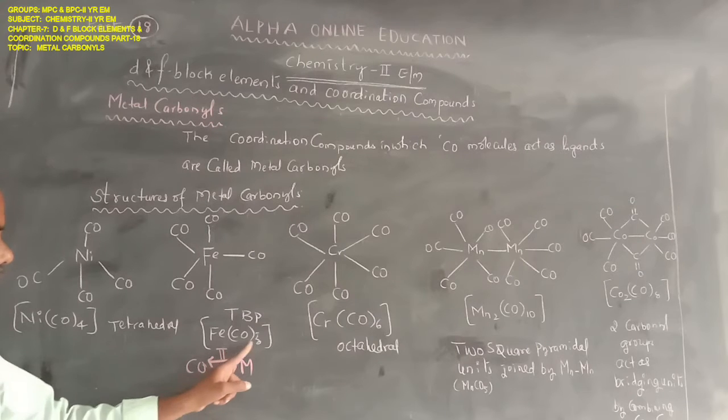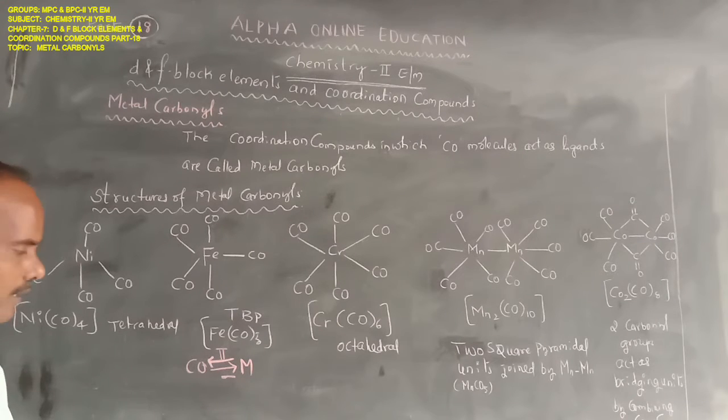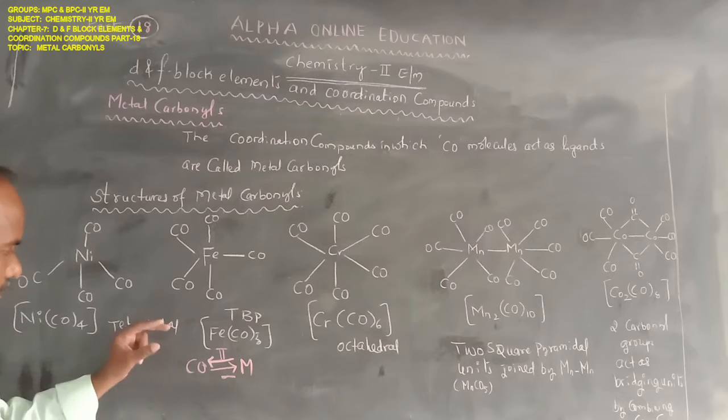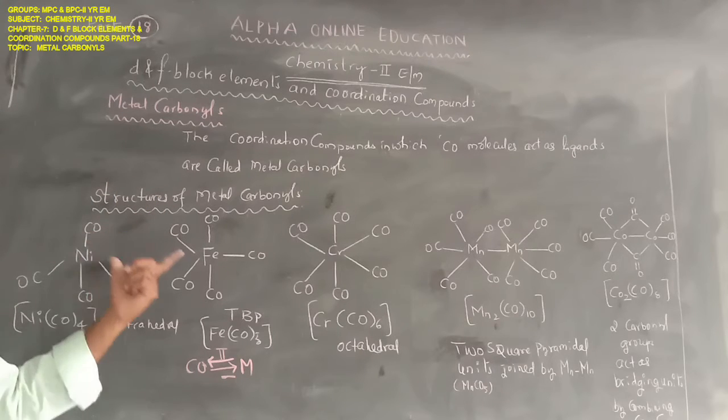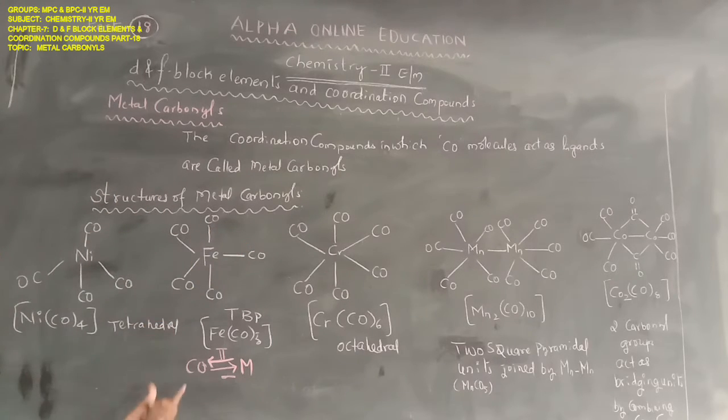This is also called back bonding or synergic bonding. Because of synergic bonding, the ligand-metal bond is more strengthened. So this is about the structures of metal carbonyls and the bonding behavior in metal carbonyls.